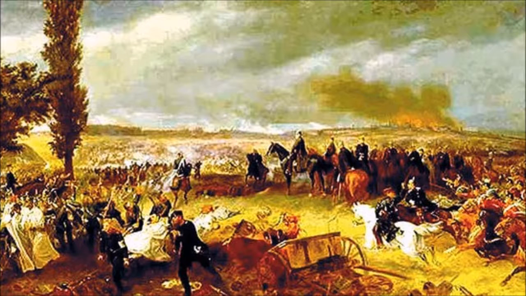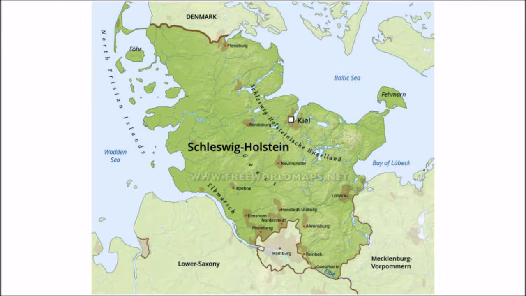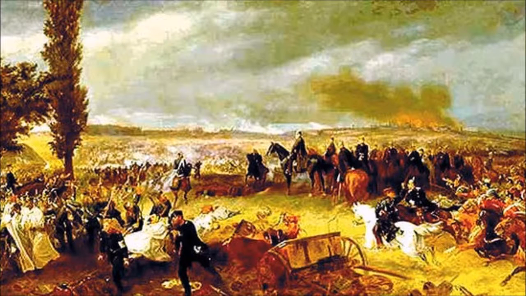With Austria's help, Bismarck declared war on Denmark and defeated it. But after the conflict, the two duchies became a bone of contention between Prussia and Austria, which in turn led to the Austro-Prussian conflict.